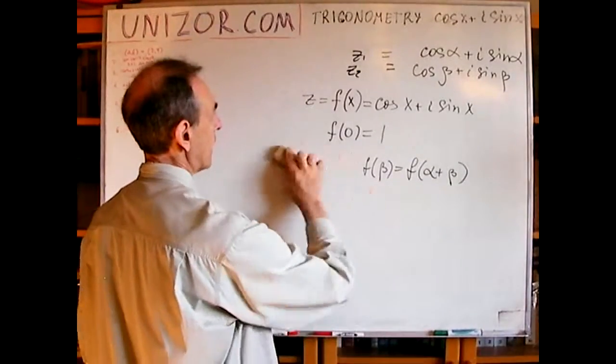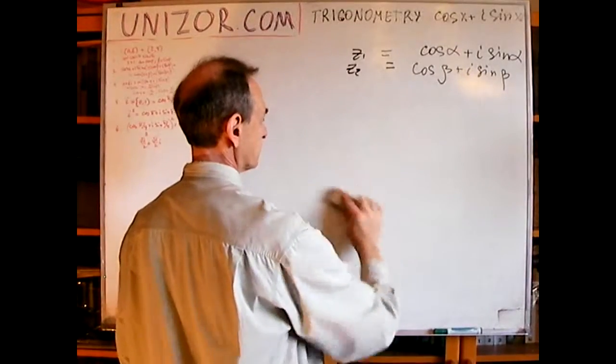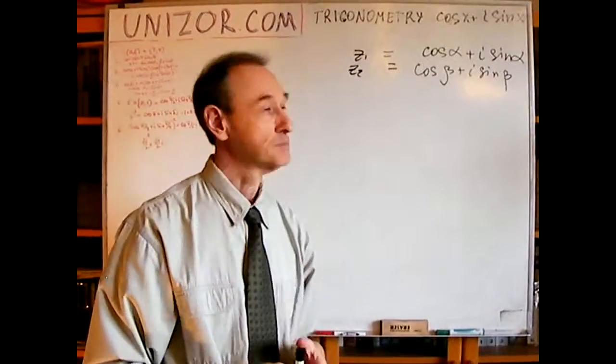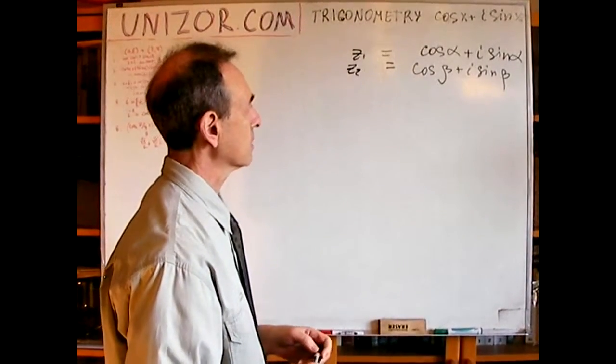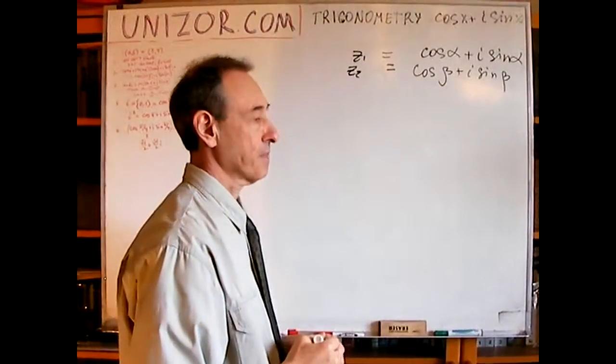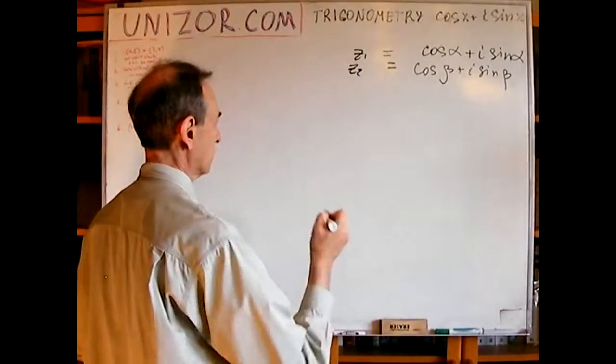What else can I actually extract from this interesting thing? That if I multiply two numbers like this, their polar angles are added together. Here is, for instance, a very interesting thing.